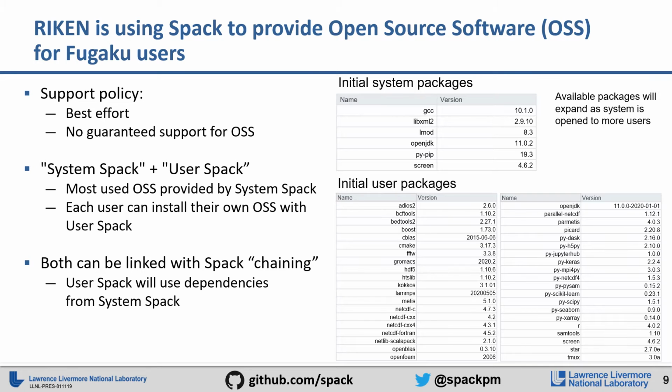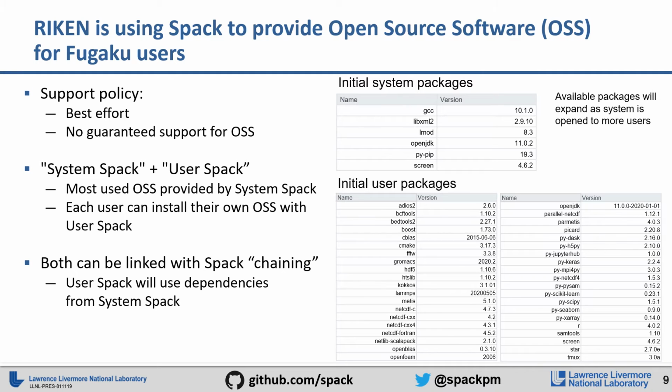So essentially what that means is that this Spack instance is using the packages over here in the initial system packages, so the core compilers, Java installations, and so on, as dependencies. And that's something that you can configure with Spack with our chaining feature.